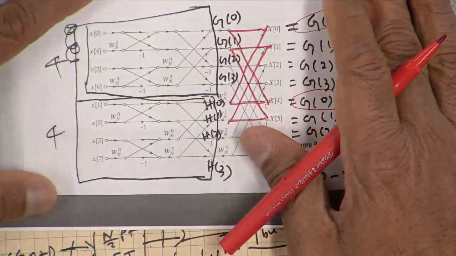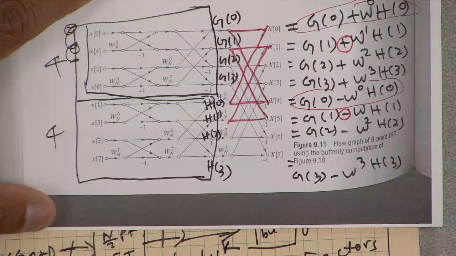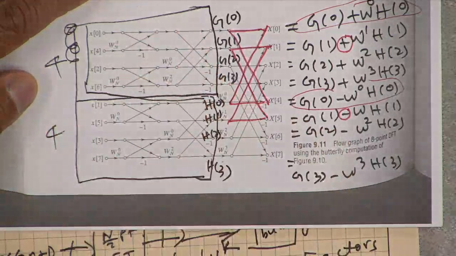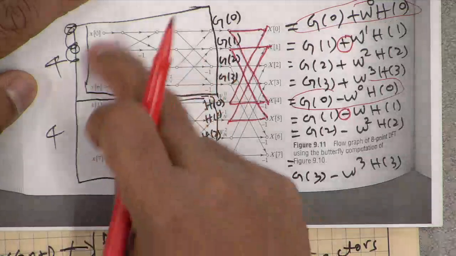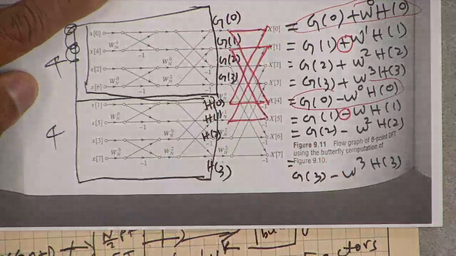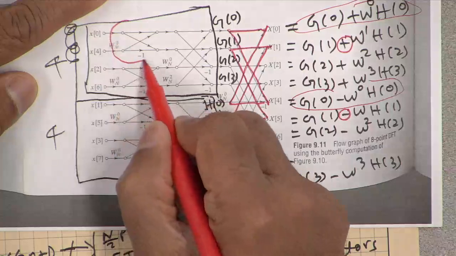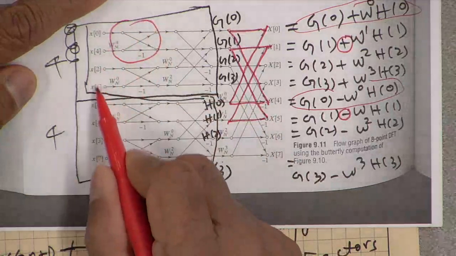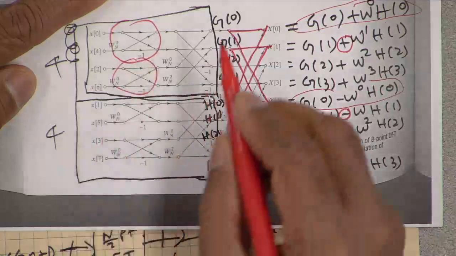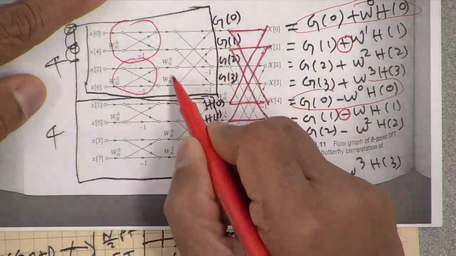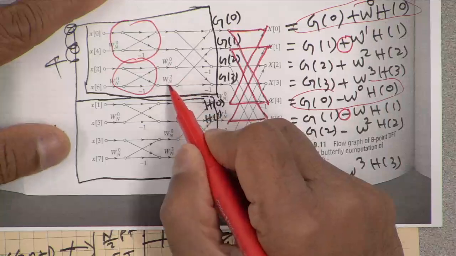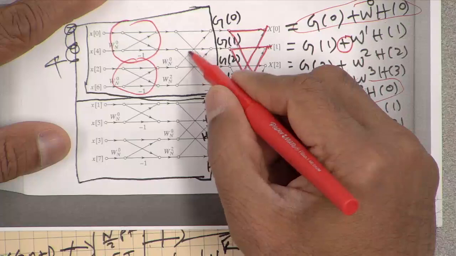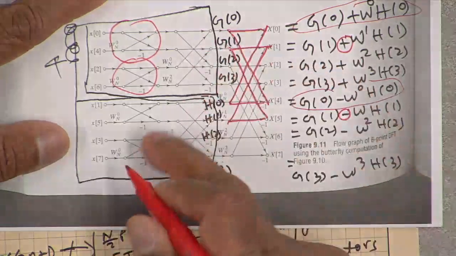Okay, so if we indeed continued decomposing that 4-point to 2-point, then we would have this diagram here. So this is 2-point of the even, odd of the even 2-point, and then what you see are the twiddle factors Wn and Wn squared, okay, and then the merging is 2 butterflies, same here.